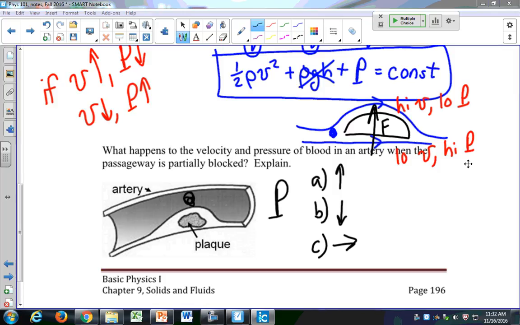My speed through this blocked portion is going to increase. And just like the garden hose, if my speed increases, the pressure has to decrease. So I will get a lower pressure here, low pressure because the speed has increased. Remember, the speed goes up, the pressure goes down.